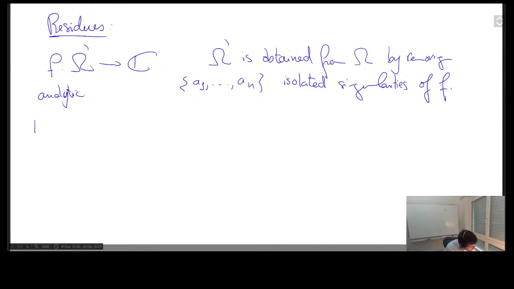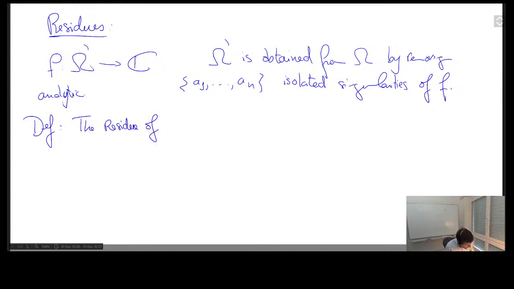And we were interested in understanding the integral of F around curves that go around some of these singularities. So, definition, we defined the residue. I'm just revisiting things that we've done.